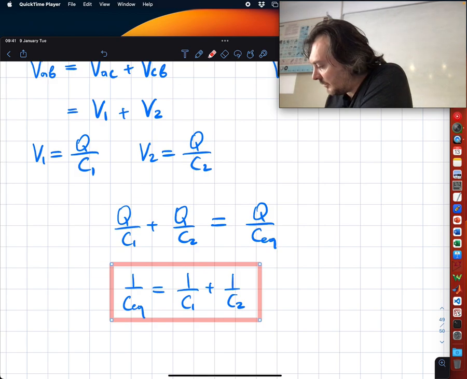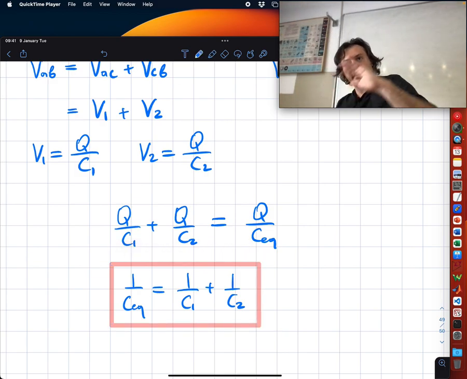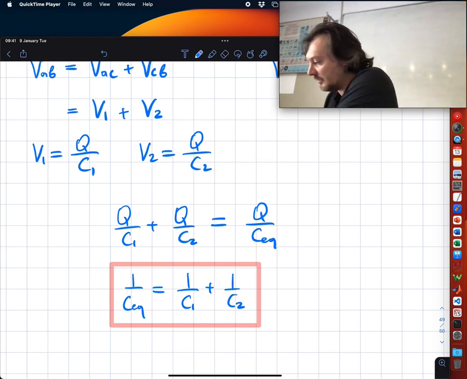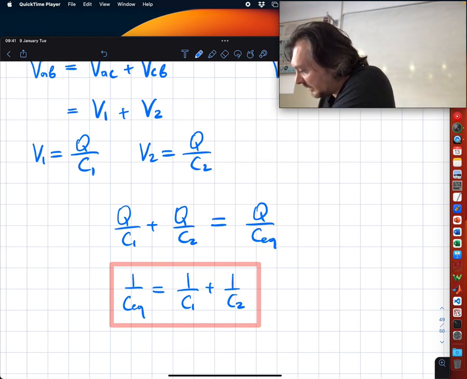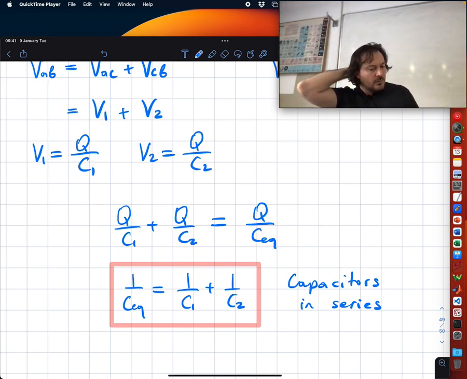So it's the reverse of the resistors. When you have resistors in parallel, they have this formula, and when you have capacitors in series, you have the same formula. So let me write down capacitors in series. Good.